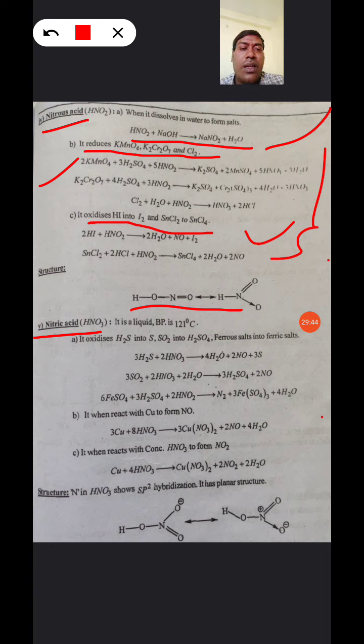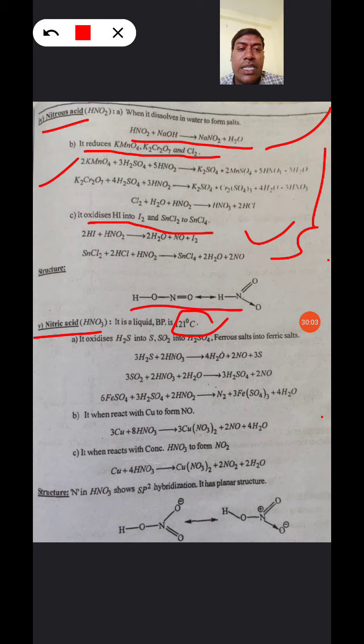The next one, nitric acid. The formula of nitric acid is HNO3. HNO3 is a liquid. The boiling point of HNO3 is 121 degrees centigrade.